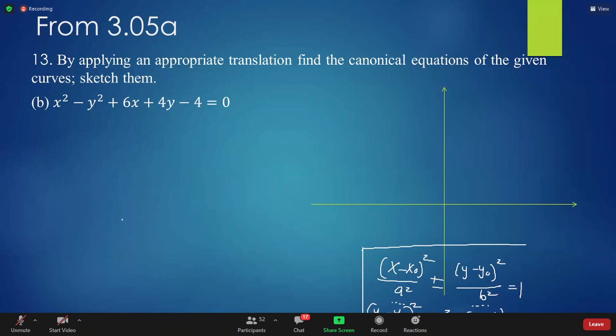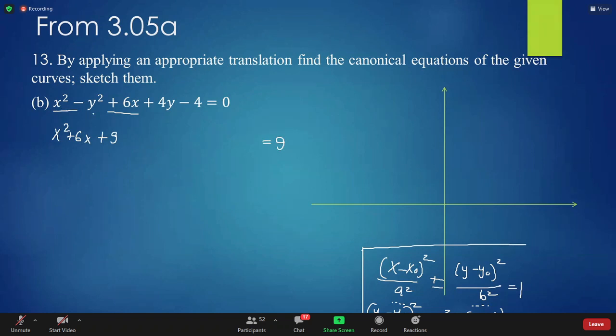We complete the square. So we would have x squared plus 6x, evidently plus 9. I need plus 9 to get a perfect square, so I'm adding 9, and if I add 9 to one side, I will add 9 to the other side as well.